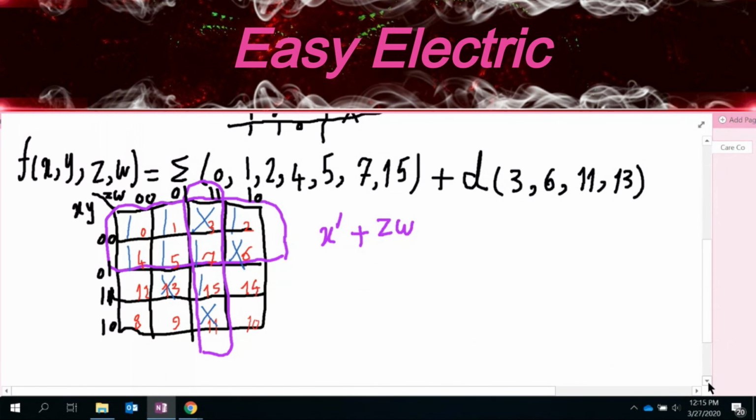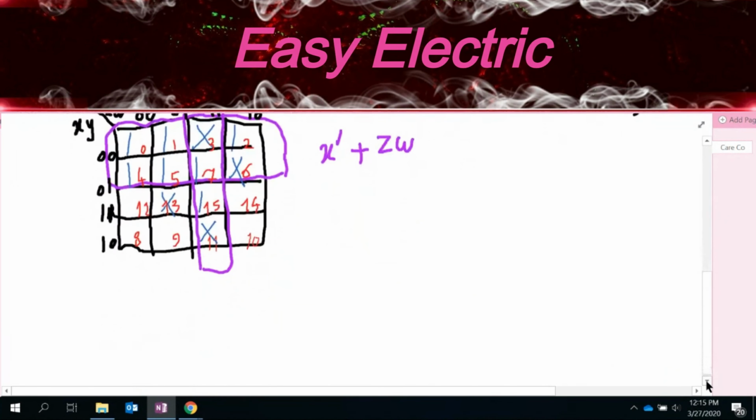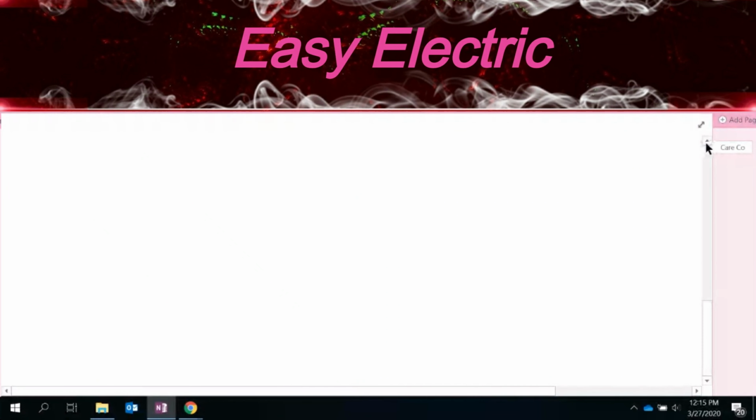So let me give you another example for the don't care, which is where we have the maxterm. Okay, so this is another example. You have function f, which is a function of x, y, z, w. So it is equal to the product symbol.